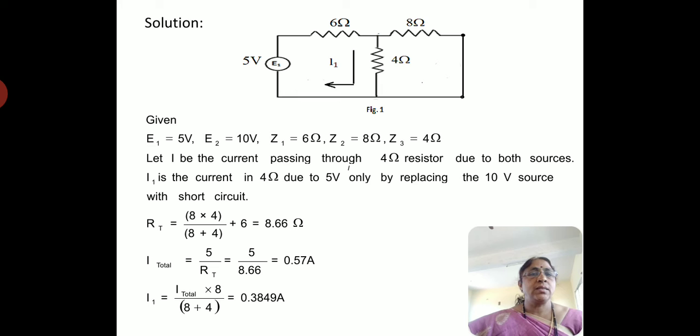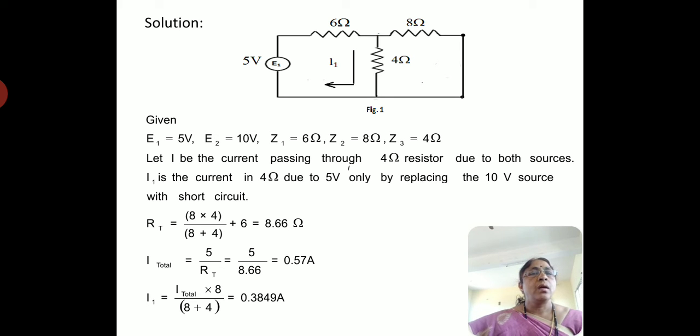Then we replace the 10 volt source: because it is a voltage source, we have to remove it and connect the terminals to a short. Therefore, 8 ohm and 4 ohm are in parallel connection, in series with the 6 ohm resistance.